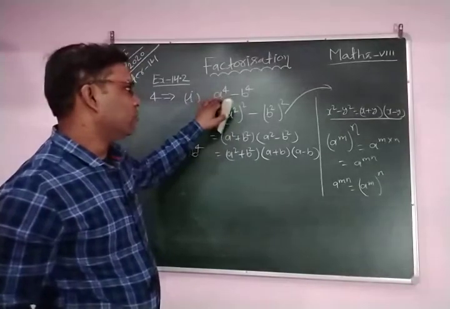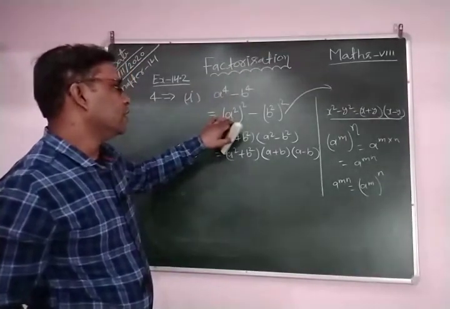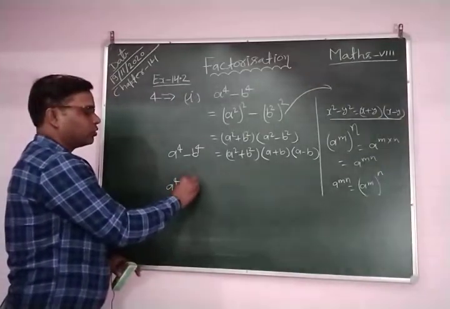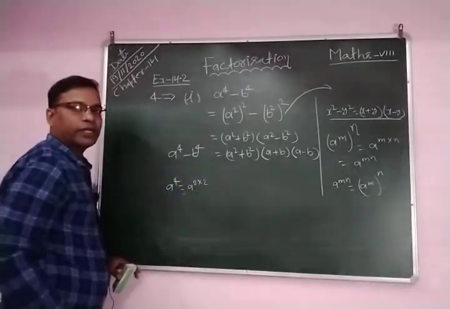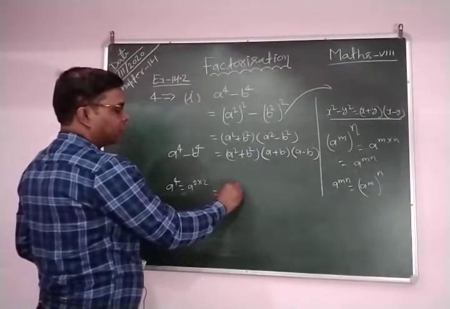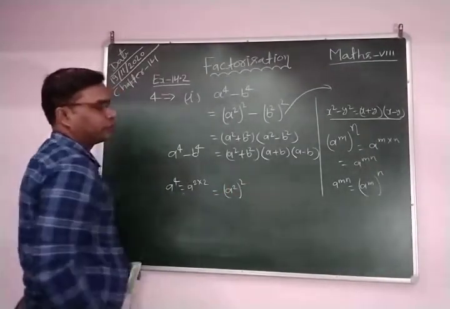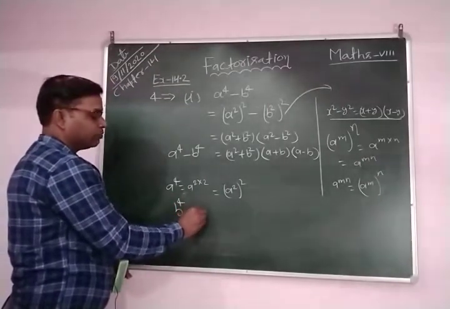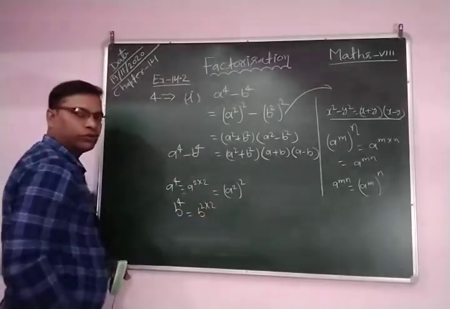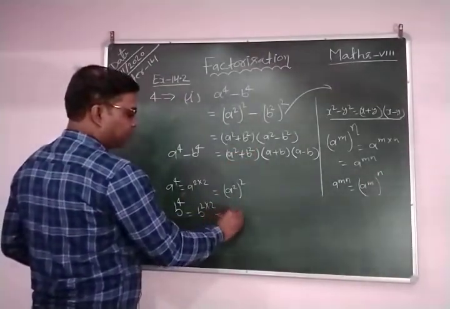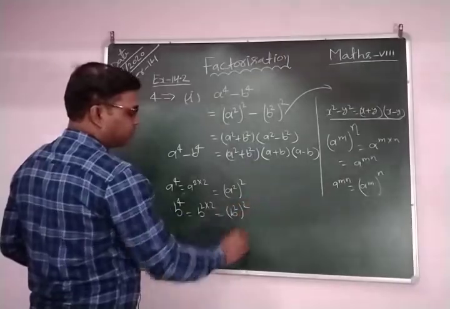You can write a to the power 4 is equal to a to the power 2 into 2. According to this law of exponent, you can also write a square whole power 2. Similarly, b power 4 is equal to b power 2 into 2, and according to this law of exponent, you can write it as b power 2 whole power 2.